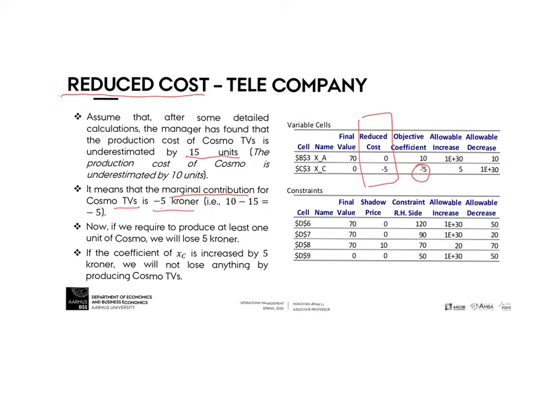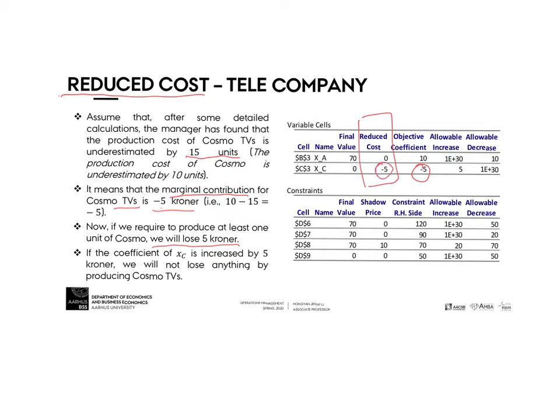Now, if we are required to produce at least 1 unit of Cosmo, we will lose 5 kroner. So if the coefficient of xc is increased by 5 kroner, we will not lose anything by producing Cosmo TVs. That's the information you can read in the reduced cost.